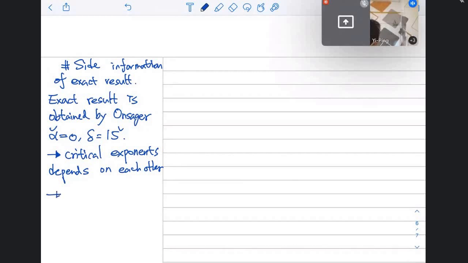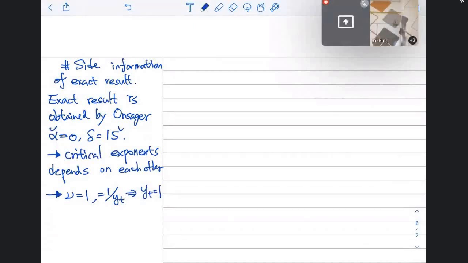And the fact is that you are going to get mu equal to 1. From the previous derivation, we know that mu is equal to 1 over y_t. So we immediately get the conclusion that y_t is equal to 1.